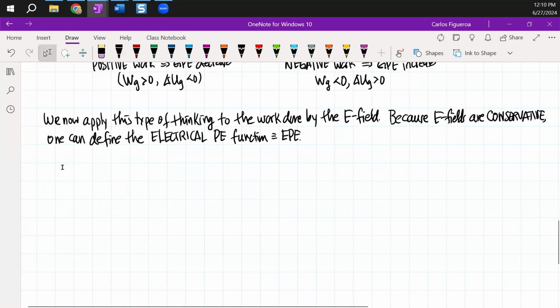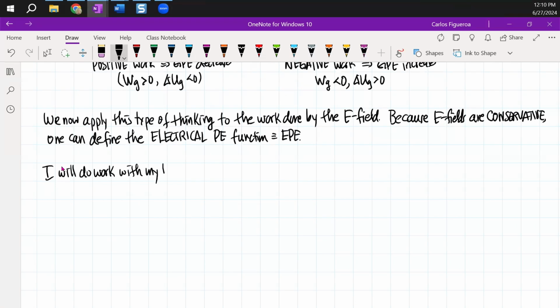So what I want to look at is that I want to do work with my hand for two situations. One, we're going to compress the spring.